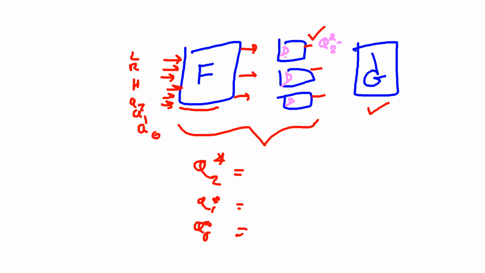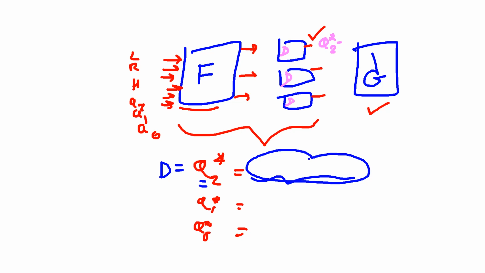That means D and Q star are the same. So if you use D flip-flop, you can write down the excitation equation by using the same expression as the transition equation.